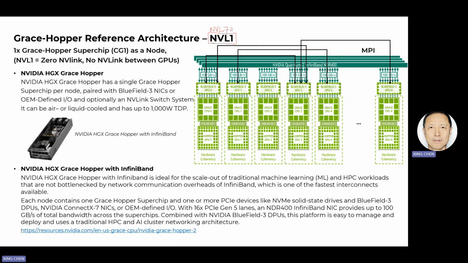Well, the definition is that if you have multiple GPUs in a system, and you use NVLink interconnection to interconnect all these GPUs together, then the GPUs and the NVLink network used to interconnect them are called an NVLink domain.